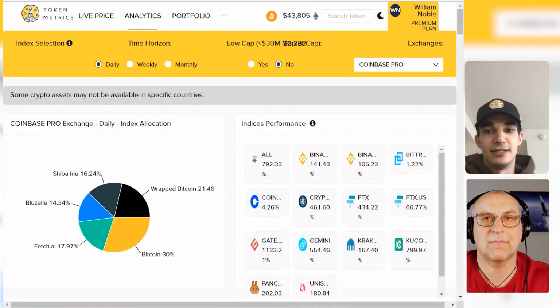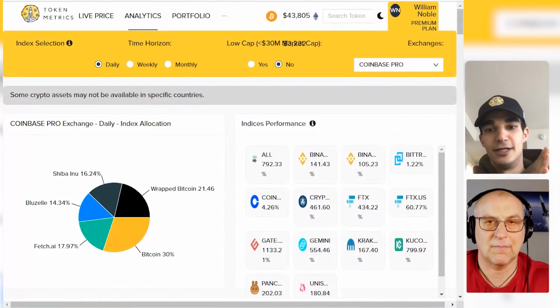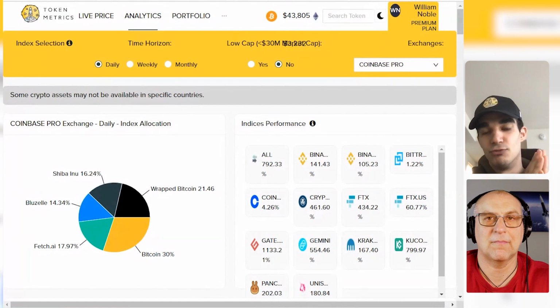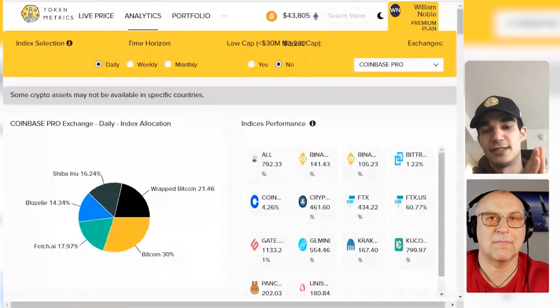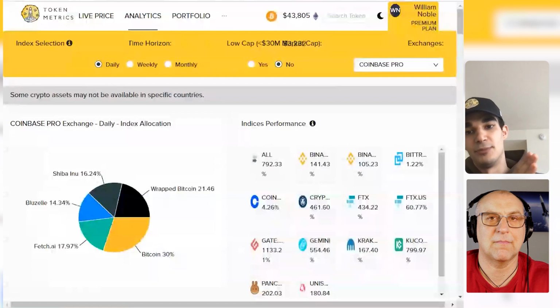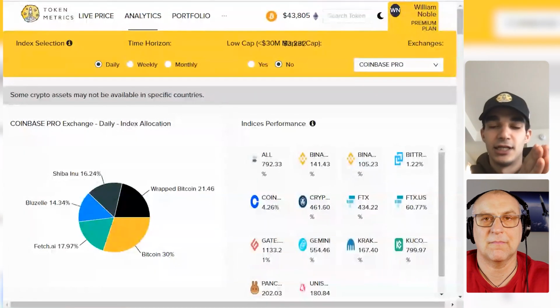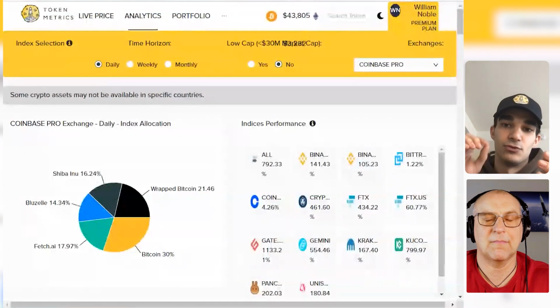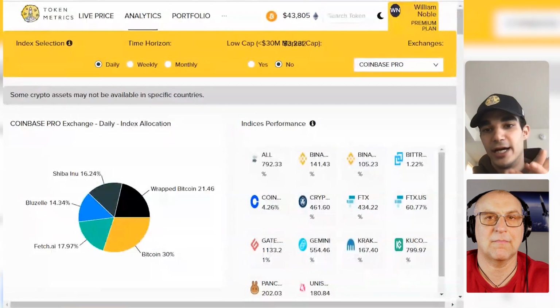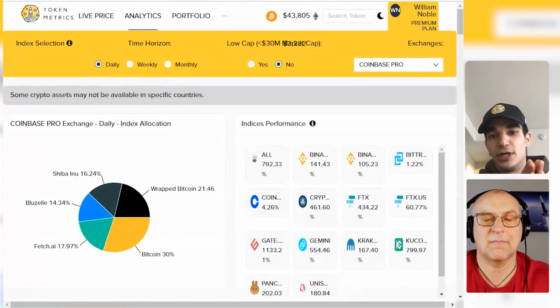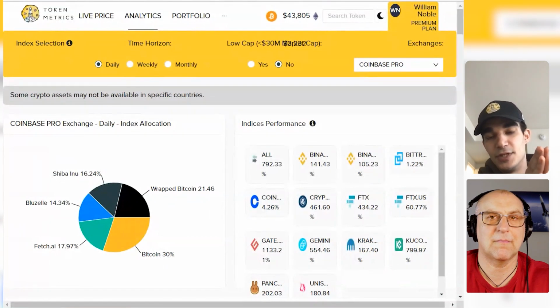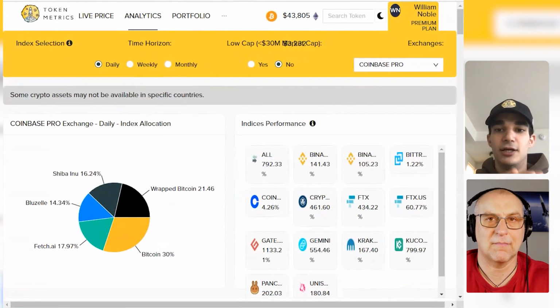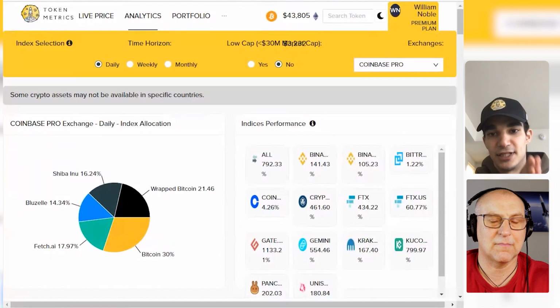When we say daily indices, it means that every day this index will be rebalancing. Independently from what happened yesterday, it looks at this morning and then picks 5 coins with the specific weights that our AI models are giving us. So every single day in the morning, US time, these indices will change and pick the new portfolio that is the best to be holding on that specific date.